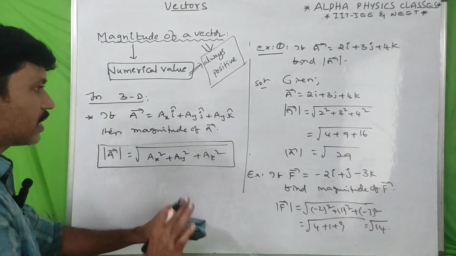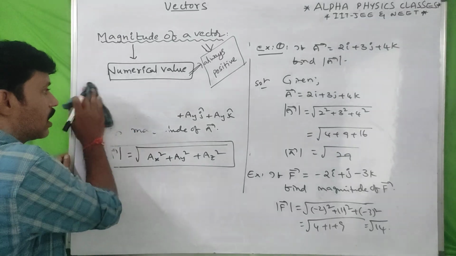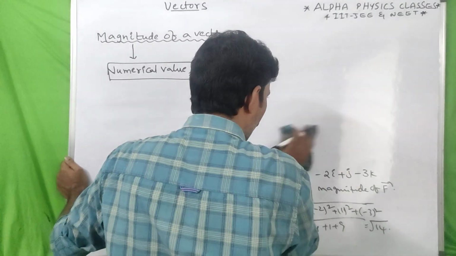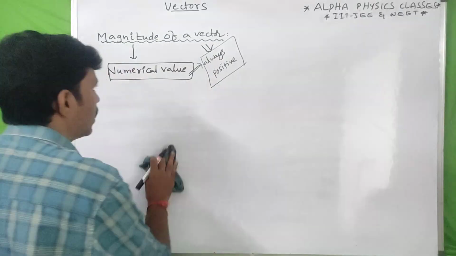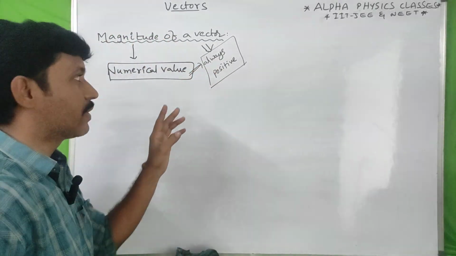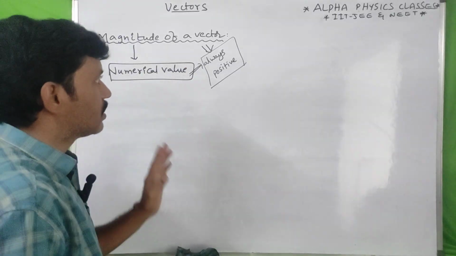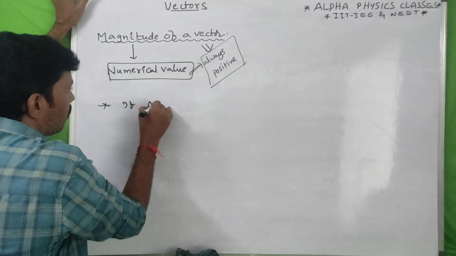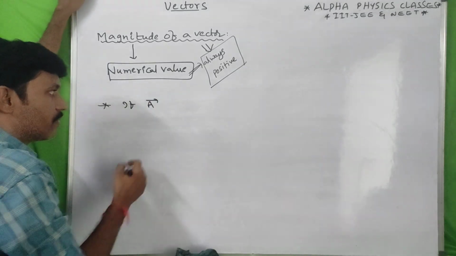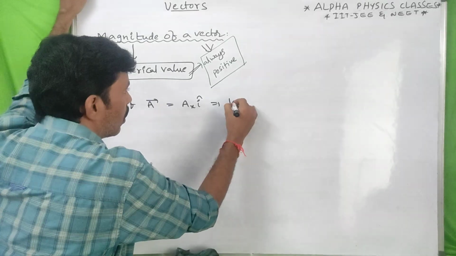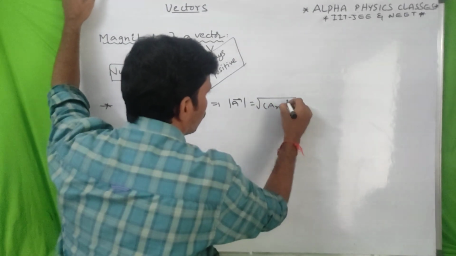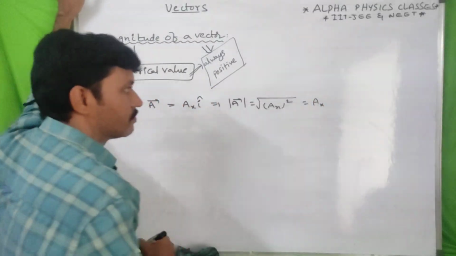Okay, right. So finally we conclude, finally I am giving the clarity about all things. Remember that magnitude of a vector means numerical value, that is always positive. If a bar is a vector, if a bar is equal to ax i cap, then modulus a bar is equal to root of ax whole square, so we get ax only.